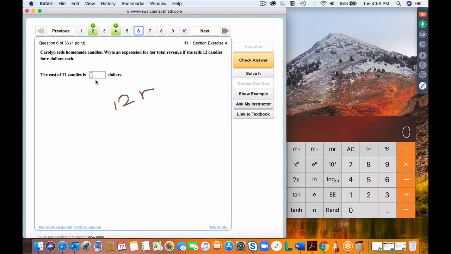You have 12, and then they say each of those costs R. So you have to pay for the number of candles times R. That's the meaning of multiplication.